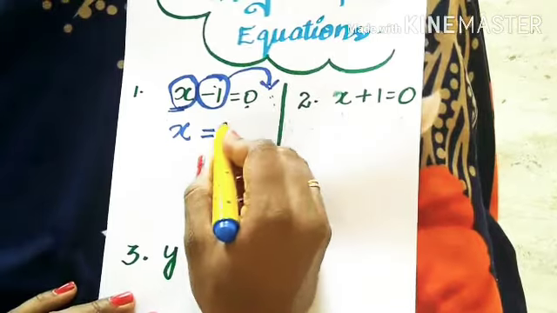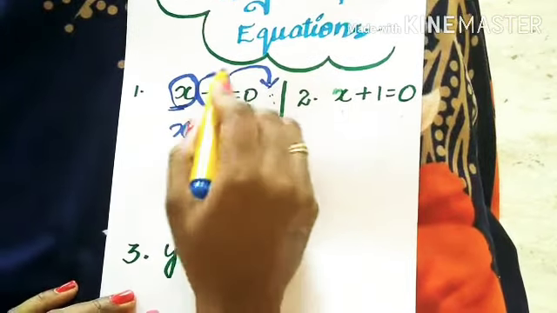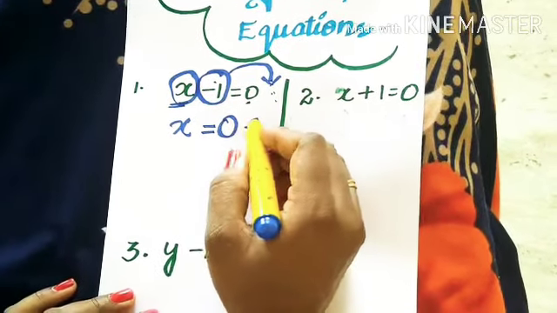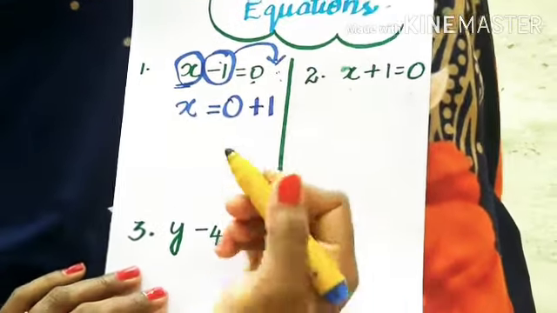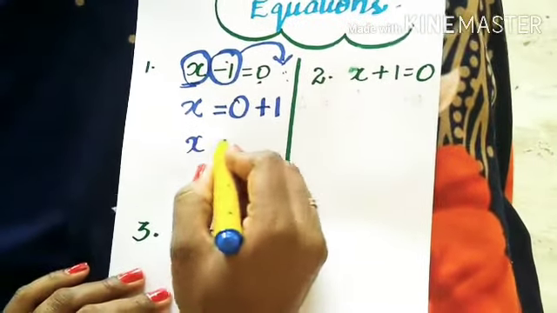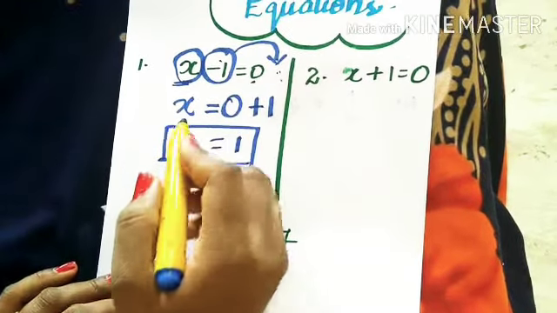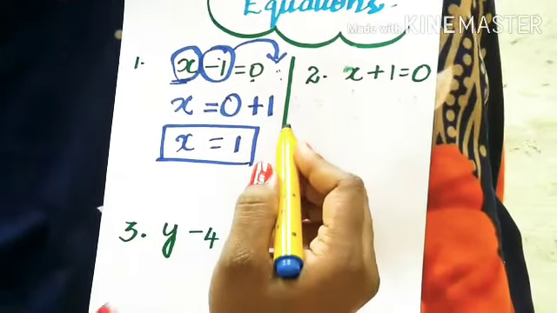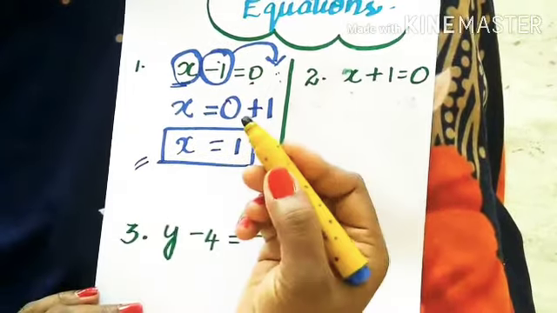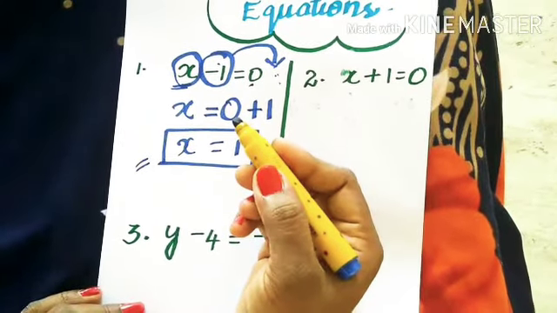Already 0 is here. 0 plus 1 is 1. So x equal to 1. Children, try to solve the problem step by step. Highlight your final answer like this while you are solving the problems in the worksheet.